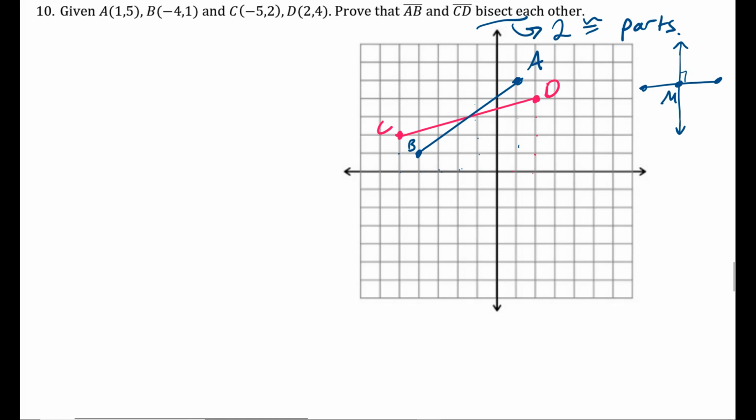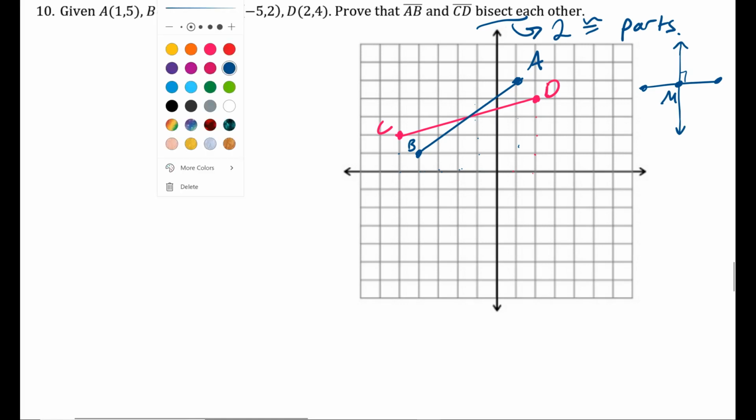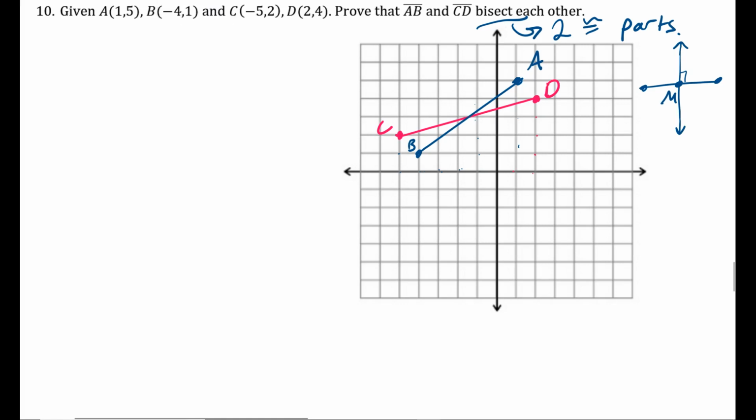So, I'm going to use the midpoint formula for both of these segments. For AB, that's going to look like my 2 x values, so 1 plus -4, which is the same as 1 minus 4, and summing my 2 y values and dividing by 2. So I'm averaging the x's and averaging the y's.